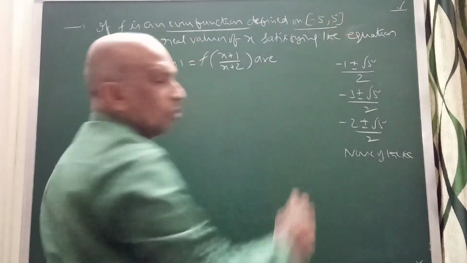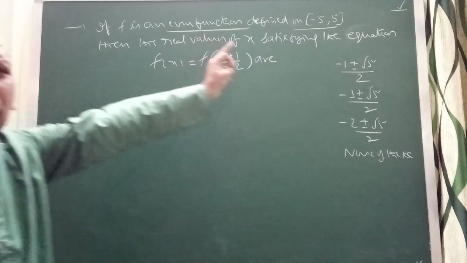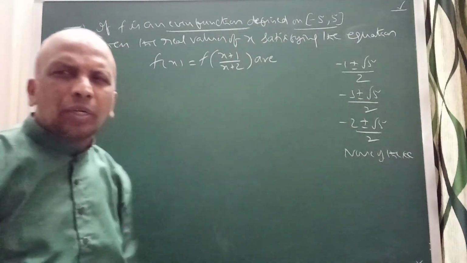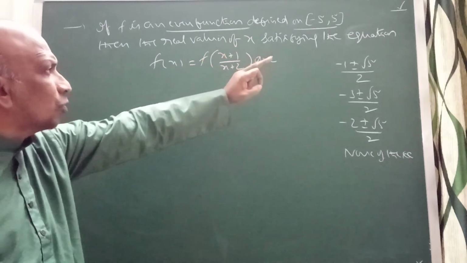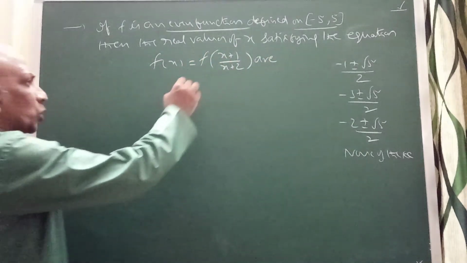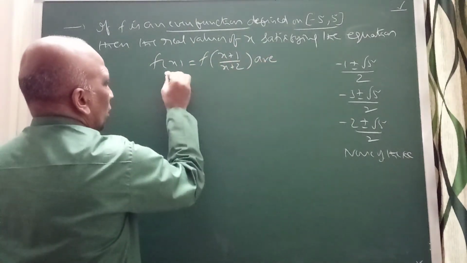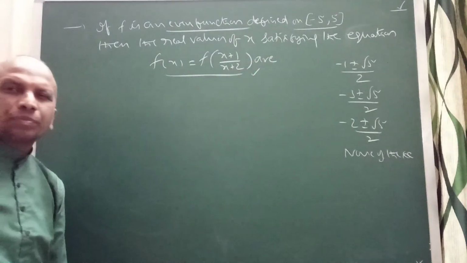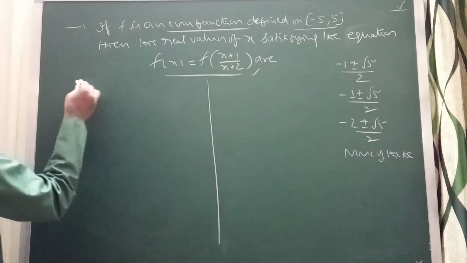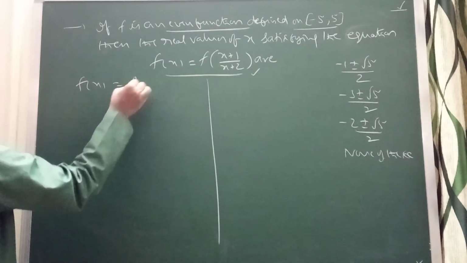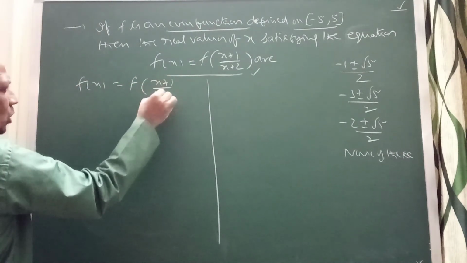Defined on the closed interval minus pi comma pi, the even function f. Then find the real values of x satisfying the equation f of x equal to f of x plus 1 by x plus 2. I can solve in two cases, right? First one, you can take it as it is, f of x equal to f of x plus 1 by x plus 2.